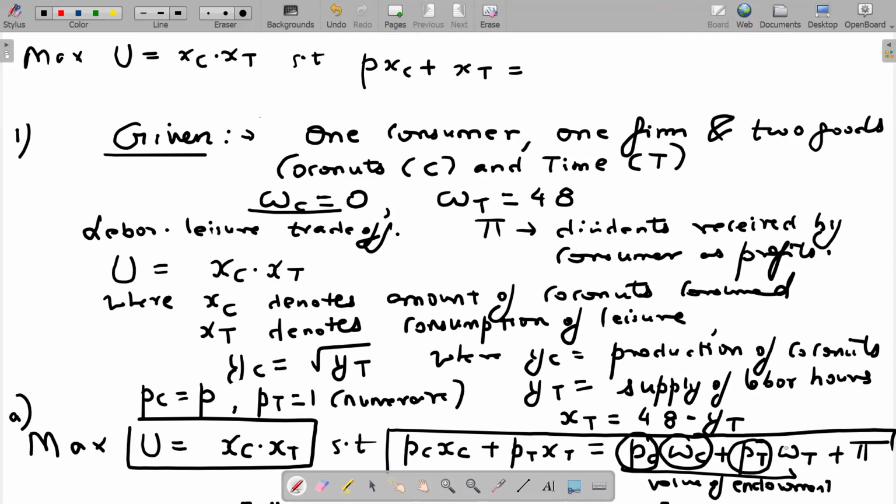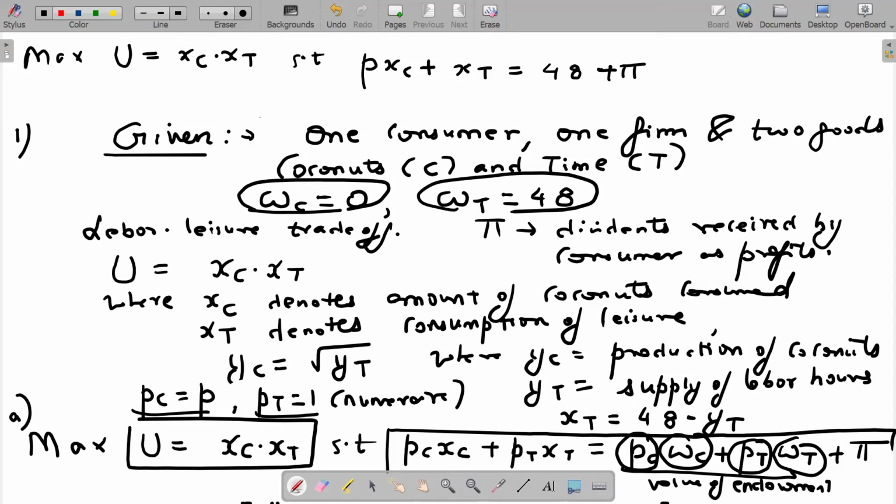Plus PT is 1 into omega T is 48, so I just have 1 into 48, which is 48, plus pi. So when I plug in PC as P, PT as 1, omega C as 0 and omega T as 48, this is the equation I get. U is equal to XC times XT. This is my maximization subject to the budget constraint.